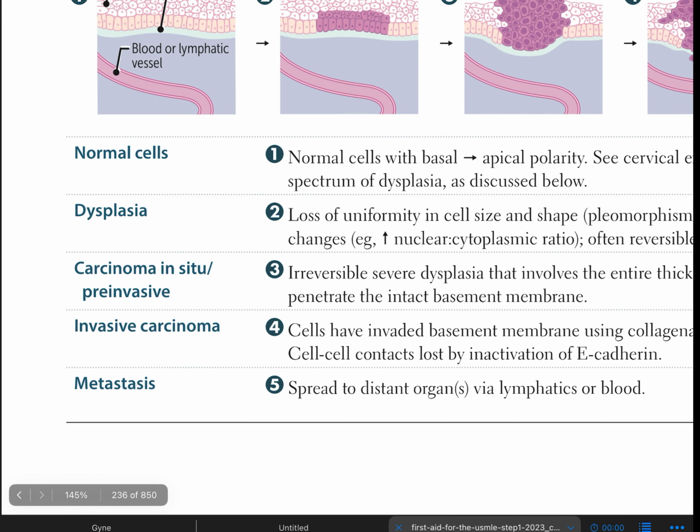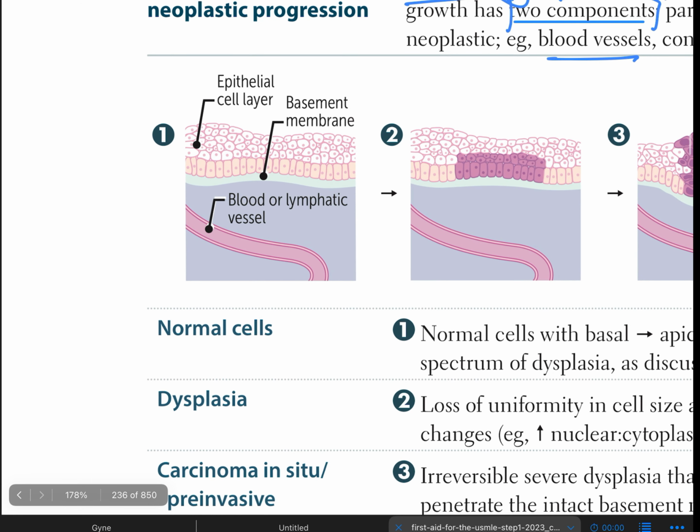If you see, the book gives a Venn diagram regarding normal cells and normal structure. It has a basement membrane with apical polarity, meaning a proper sequence and a proper arrangement of cells, with a normal nucleus and cytoplasm relation.